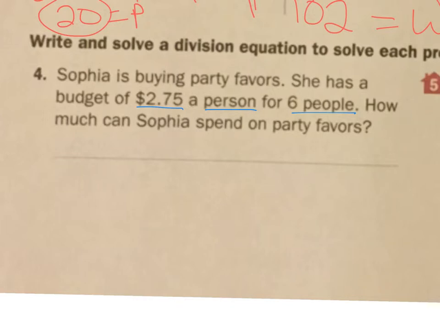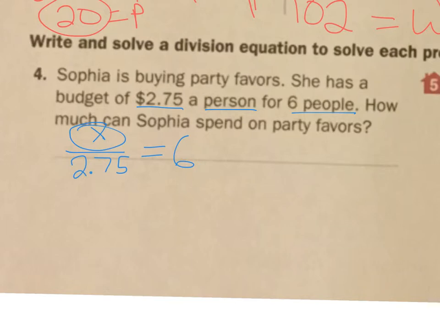It's going to be the total amount divided by this 2.75, because that's how much it is a person, and it's going to equal these 6 people.